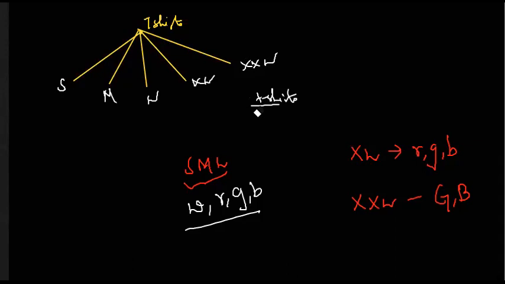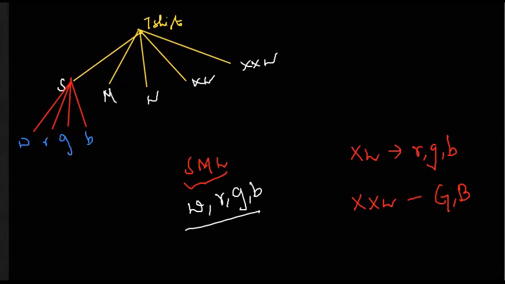Now with respect to each of them, how many colors are we supposed to have? We will draw those. With respect to S, we have 4 colors. These are the 4 colors with respect to S. Let's name them: white, red, green and blue.